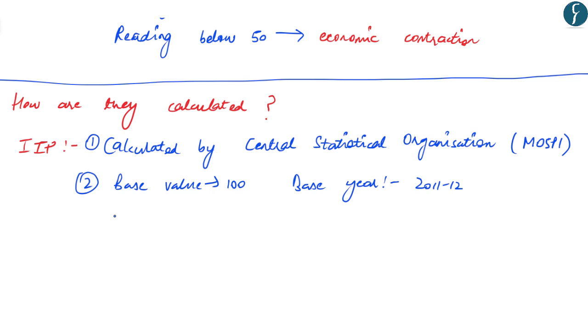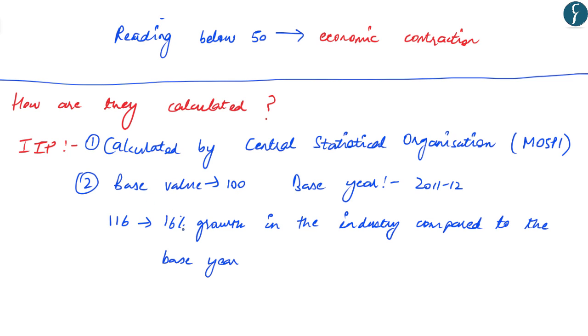So suppose the value of IIP comes out to be 116, then it means that there has been a 16% growth in the industry compared to the base year. Any increase or decrease in the value of IIP is compared to this base year, 2011-12. However, this is not the case in PMI. In PMI, there is no reference year or base year.